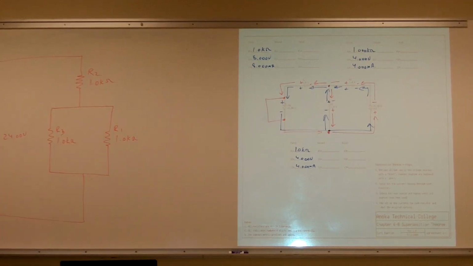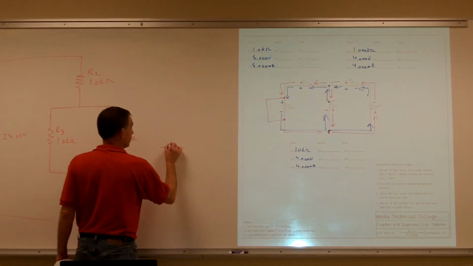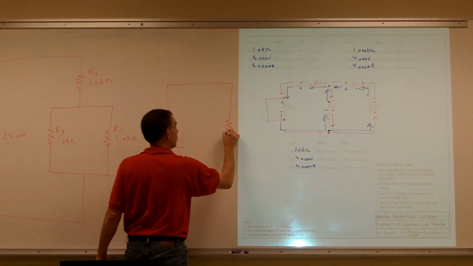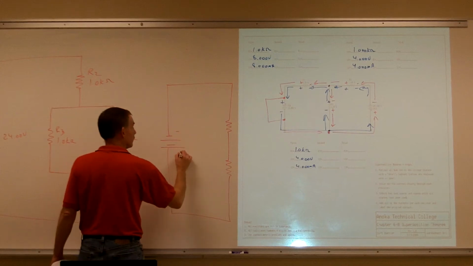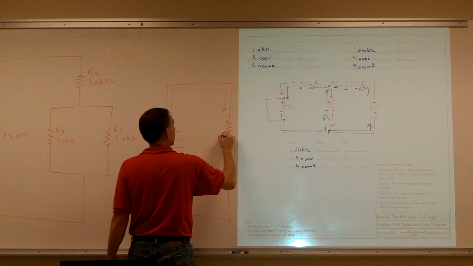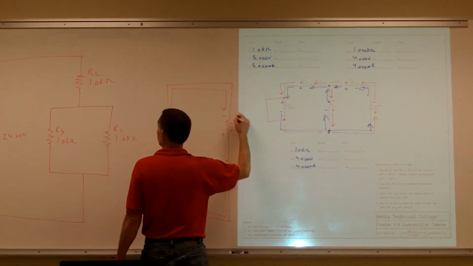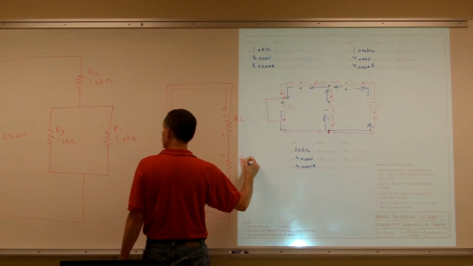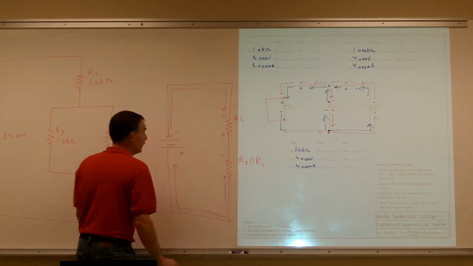Okay, so now we just have to do the same thing. My equivalent circuit is going to be R2 this time, in series with the combination of R3 and R1 in parallel.